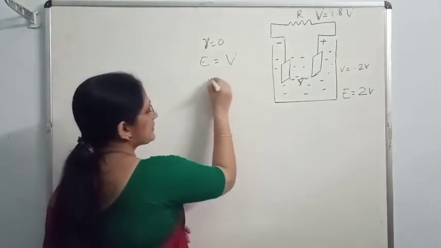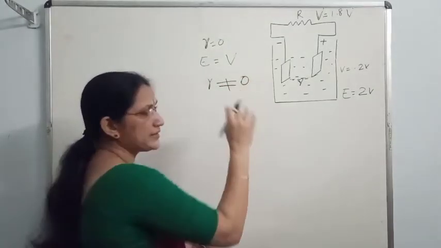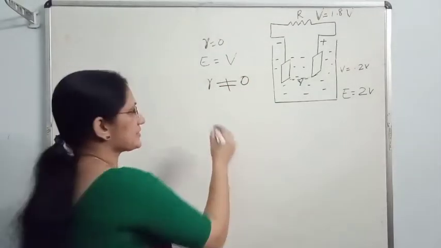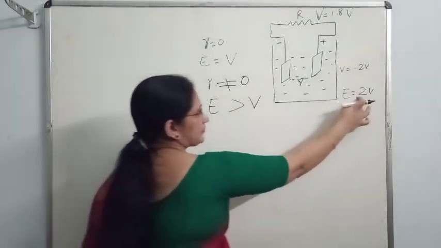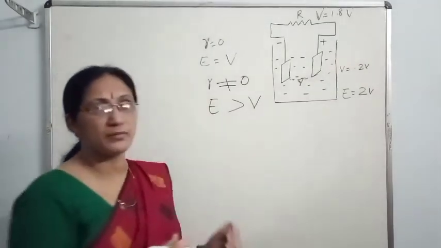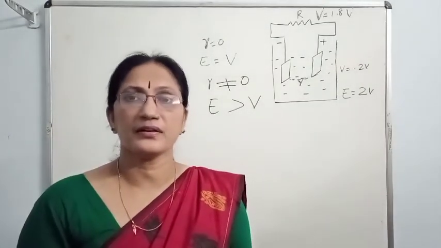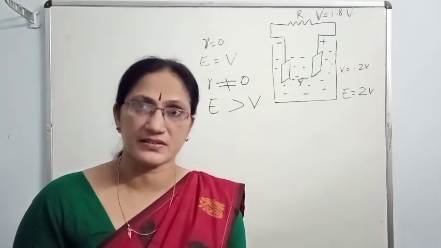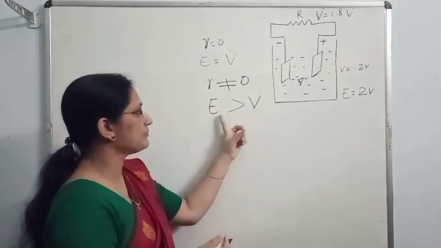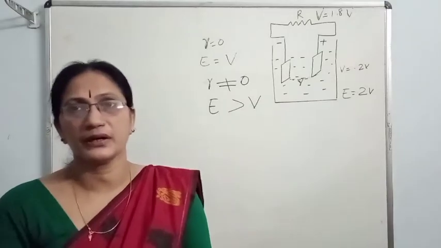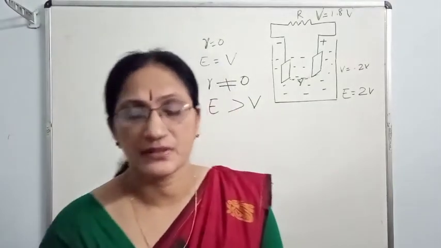If the internal resistance is not 0, meaning the cell has some internal resistance, in that case E will be greater than V. And remember one more point: while a cell or battery charges, the reverse is the case, E will be less than V. That topic doesn't come in your syllabus.